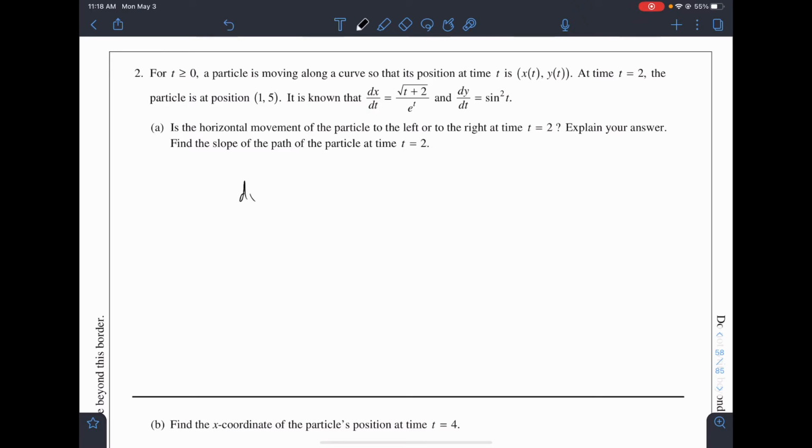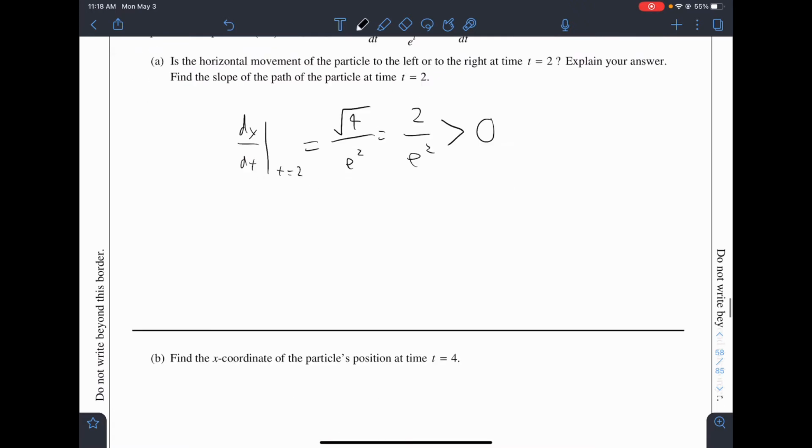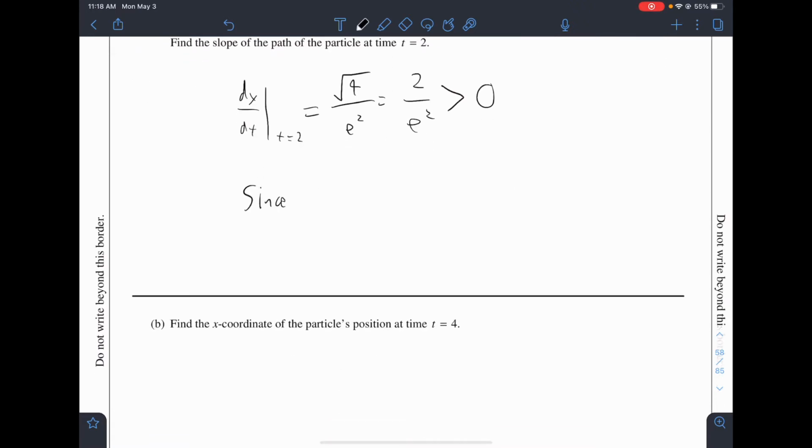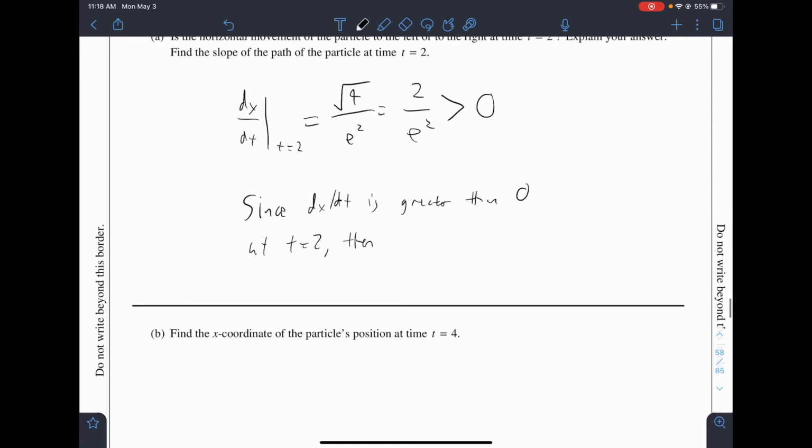So dx/dt at t equals 2 will equal root 4 over e squared, which equals 2 over e squared, which is greater than 0. So since dx/dt is greater than 0 at t equals 2, the particle is moving to the right.